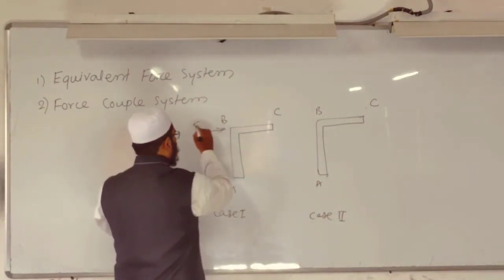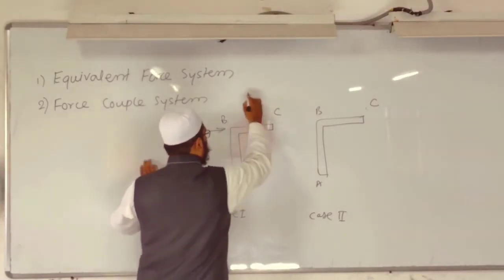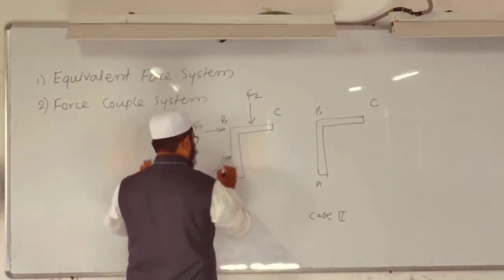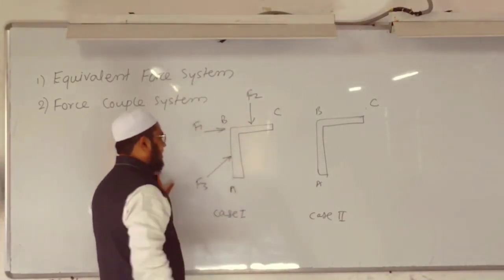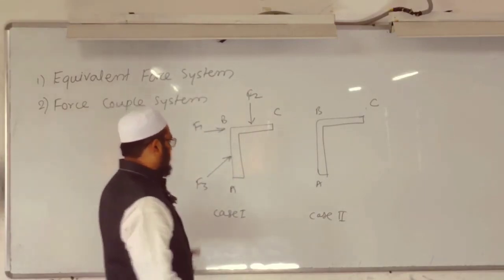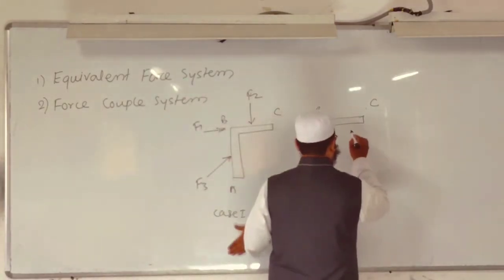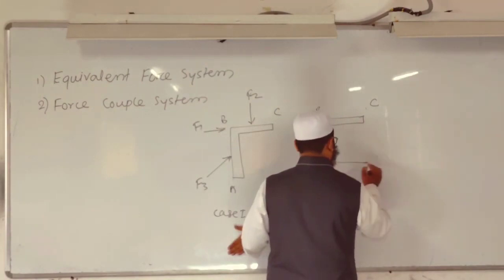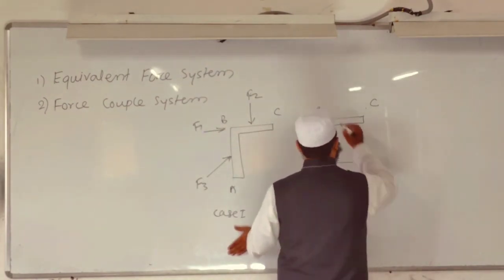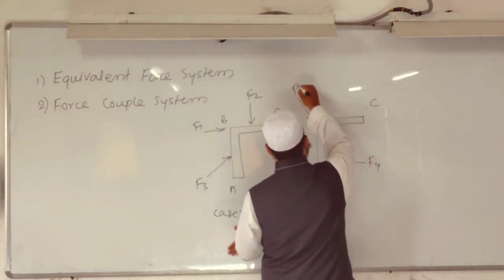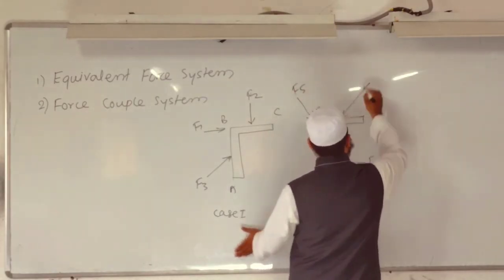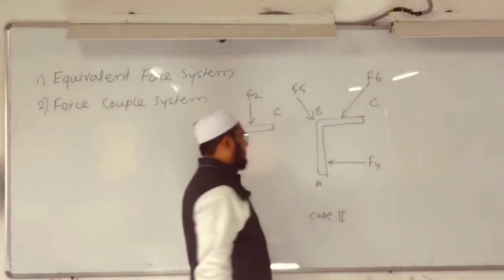Assume that forces F1, F2, F3 are acting on the bracket. Here forces F4, F5, F6 are acting.